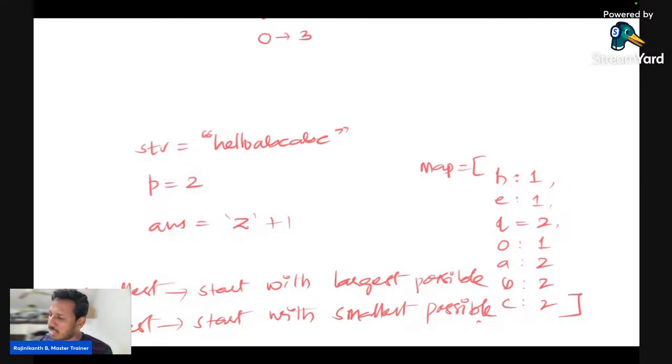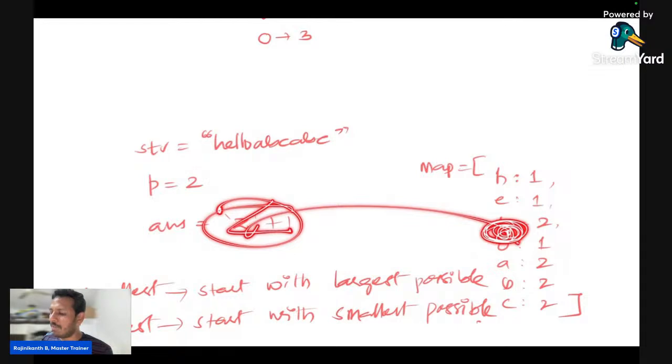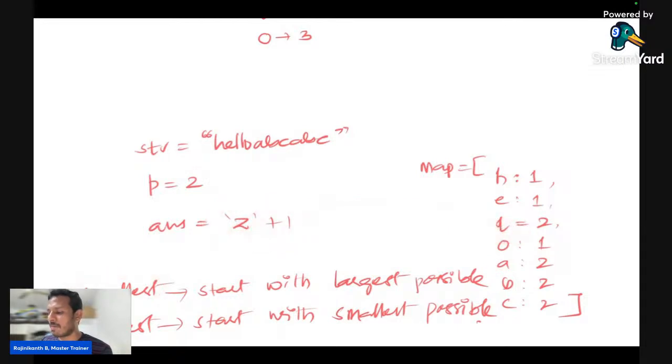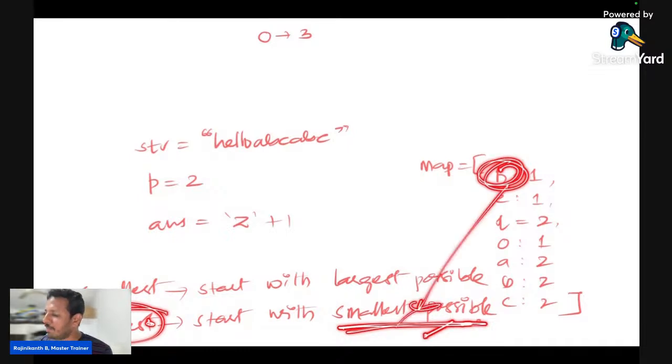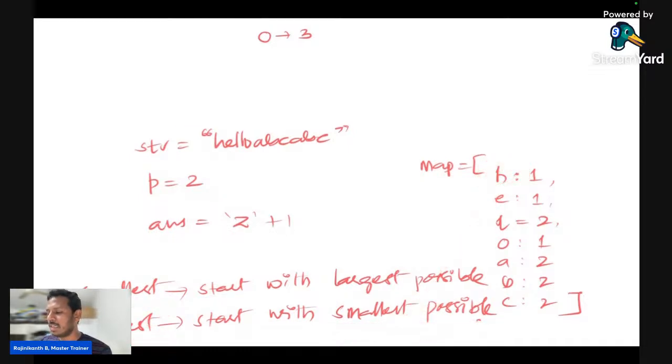If you are trying to find the smallest one, we'll take the largest, and every element is compared: is this current element smaller than this largest? If yes, then we update it, so that we'll be getting the smaller. If you are trying to find the largest element, then we start with the smallest element, then we check, is this element larger than this? Yes, then you update. Like that we'll be doing.